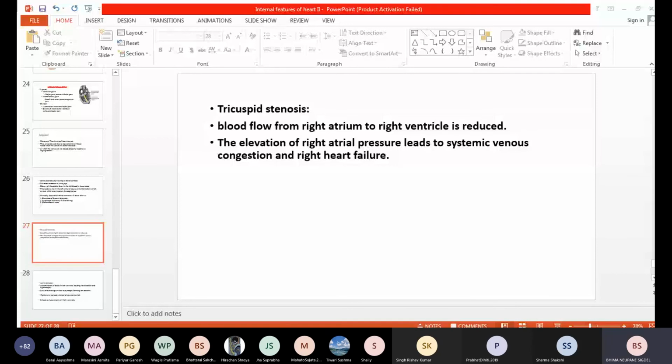You have to read more for this one, which is very important for your exam. Right ventricle and right atrium are also very important for your exam. After finishing the heart, on the last day I will give MCQs. We have a practical class on Tuesday on the whole heart. Okay, clear?